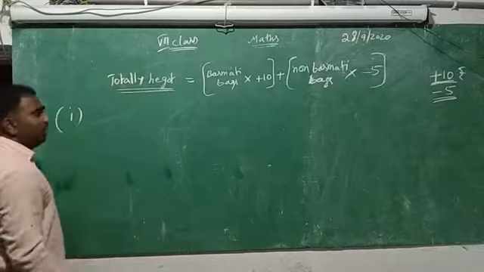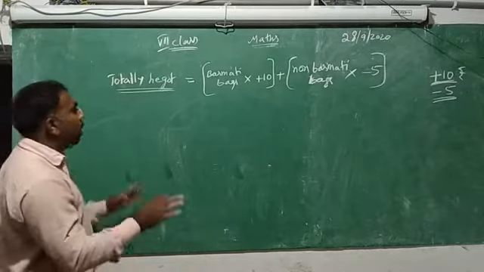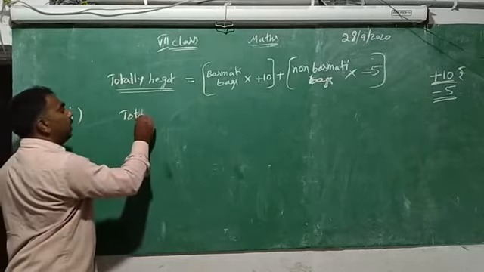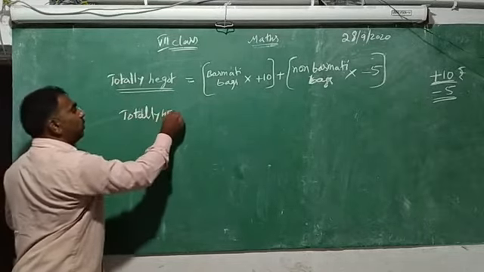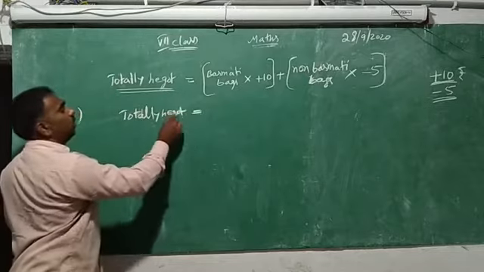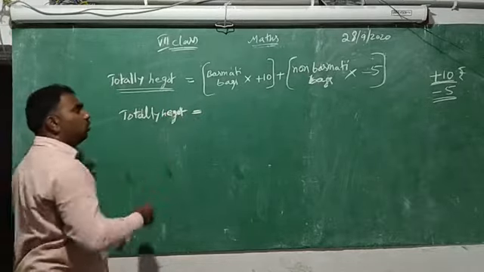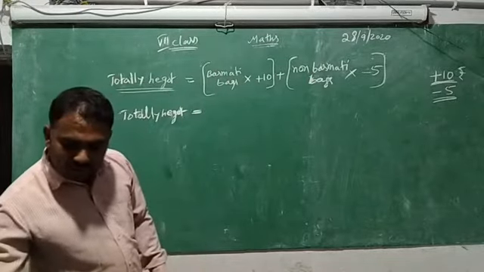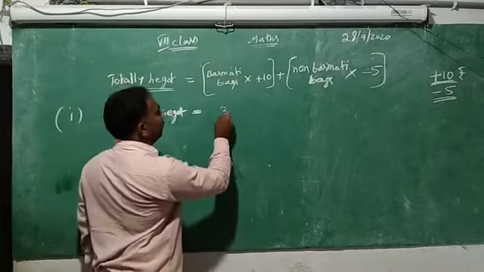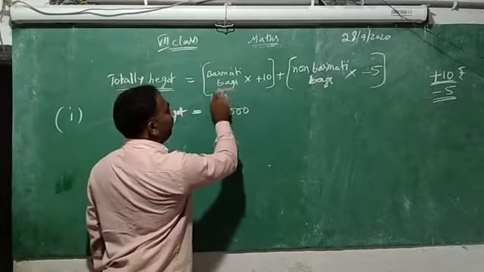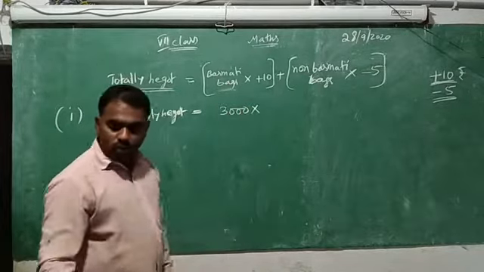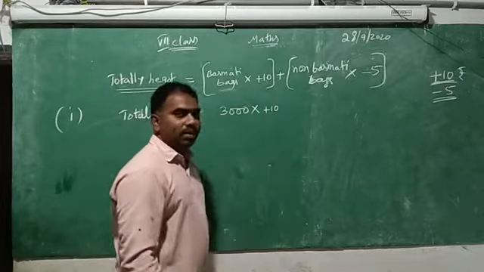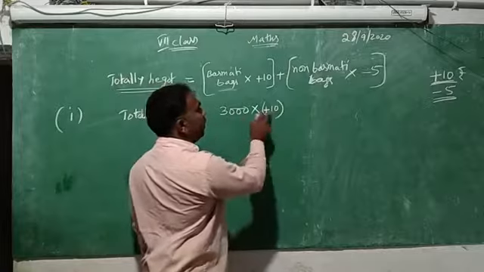In the first situation, we need to find out how much he got in total. How do we find it? Basmati rice bags: how many basmati rice bags did he sell? 3,000. We know that for every basmati rice bag he gets plus 10 rupees, so 3,000 into plus 10.